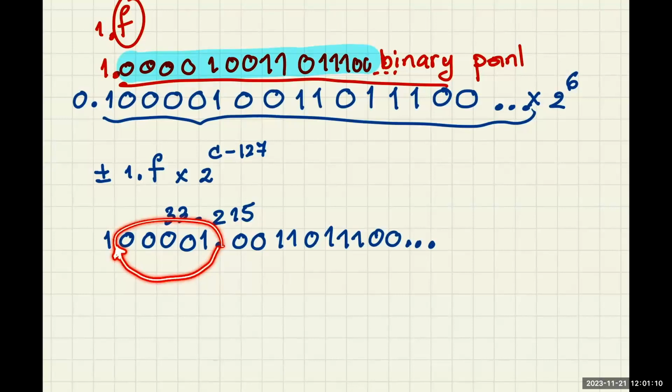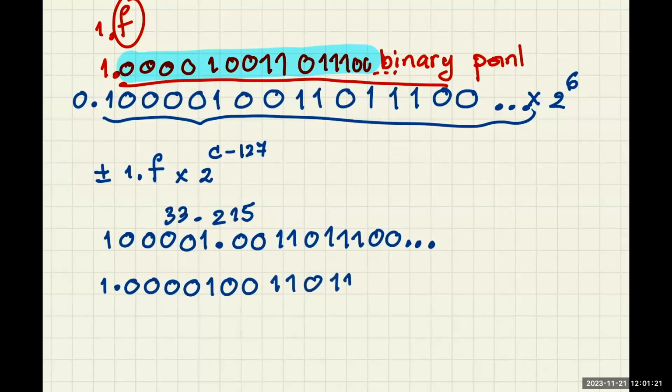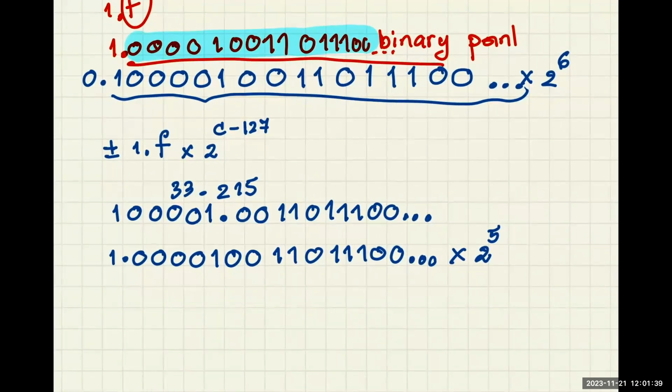I will store only the F part. So it's going to be 1.00001. How many places do you move the point? Only 5, right? Now, this is going to be your F, and this is your exponent.